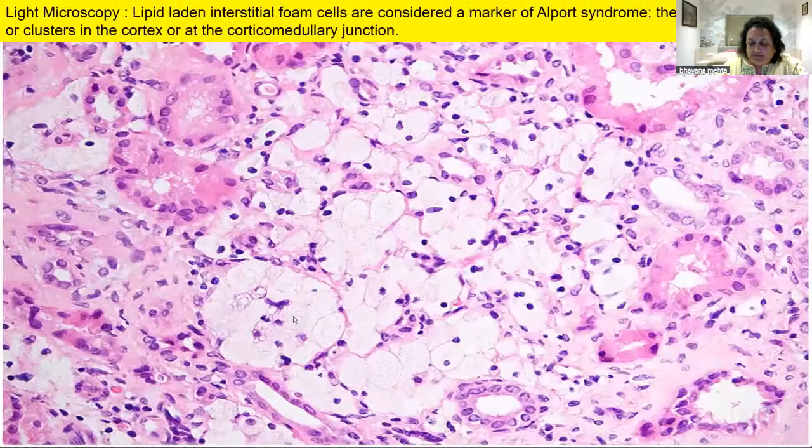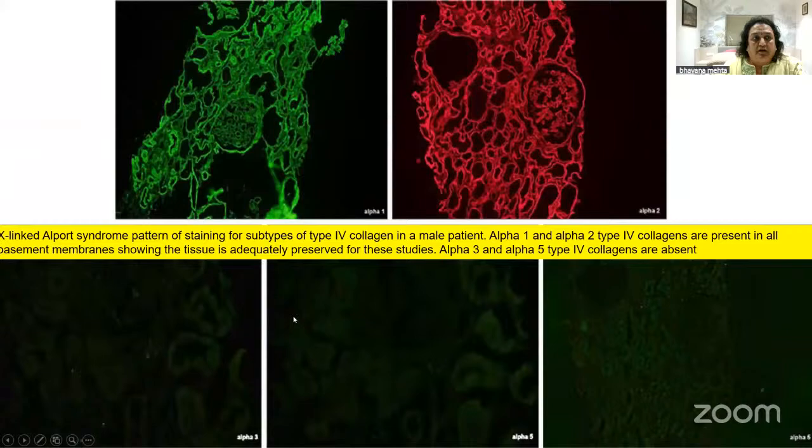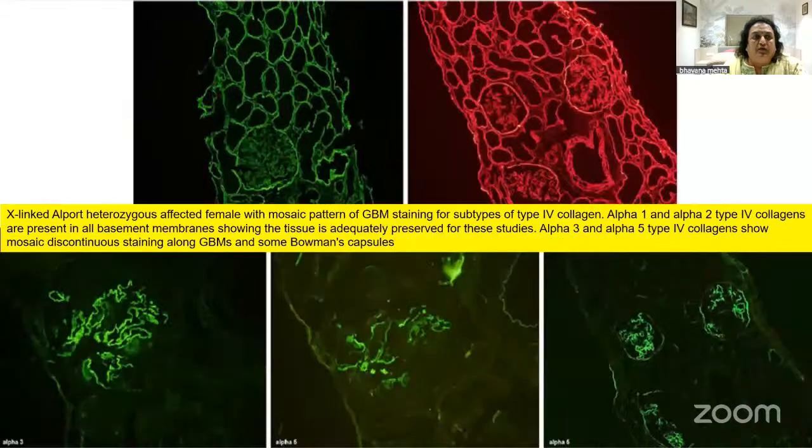When we see a patient with X-linked Alport, a heterozygous affected female, they will have a mosaic pattern. That means the alpha 3 type 4 collagen and alpha 5 type 4 collagen will have a mosaic type of staining, intermittent in the capillary basement membrane and the tubular basement membrane.